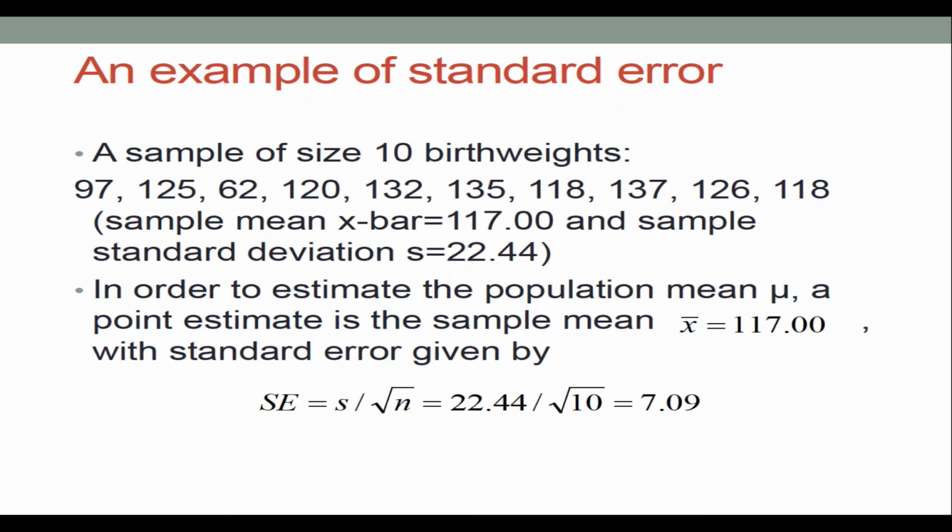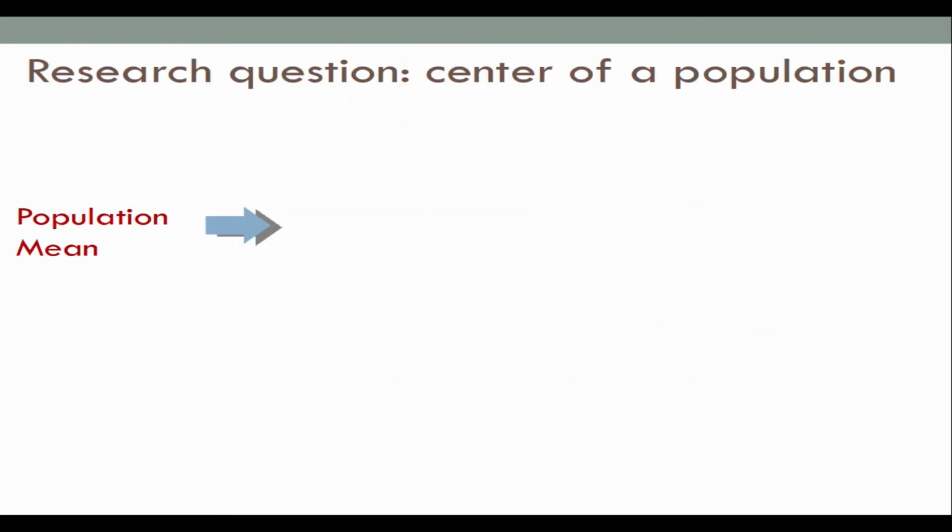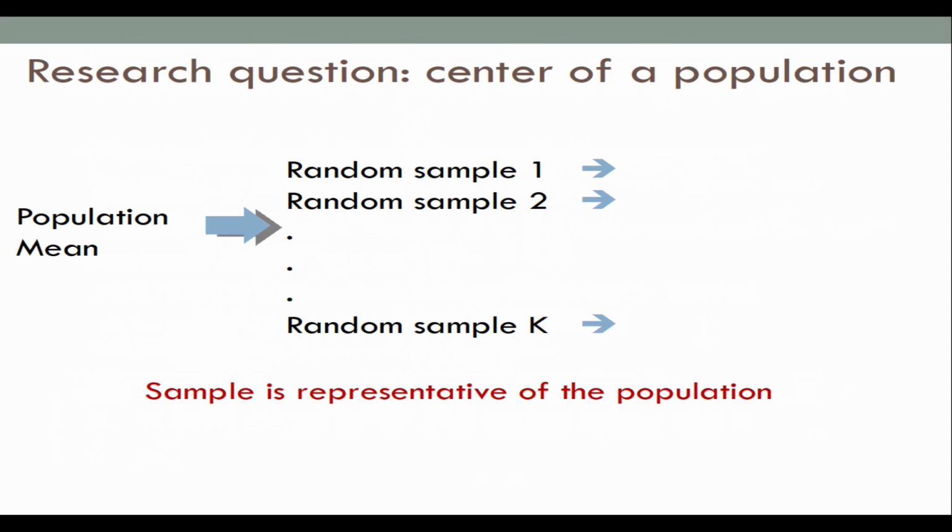So where did the capital X bar come from? Capital X bar, do you remember this picture? In order to estimate the population mean, we need to draw a sample from the population. Actually, we can draw multiple samples with sample size n.